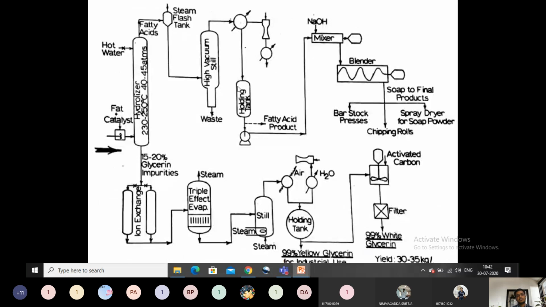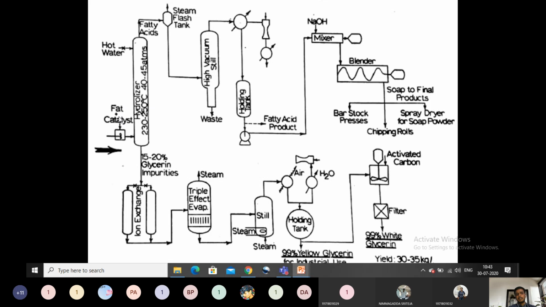We can just see the flow sheet. First, the fat plus catalyst, or oil plus catalyst, or simply glyceride plus catalyst, will be passed countercurrent to the high pressure and high temperature steam in the hydrolyzer. This is nothing but the hydrolysis step. The catalyst is ZnO. Glyceride sources may be oil, fat, or any fatty acid distillate.